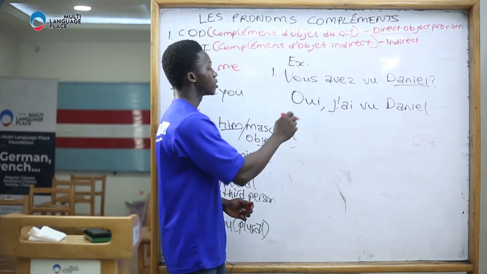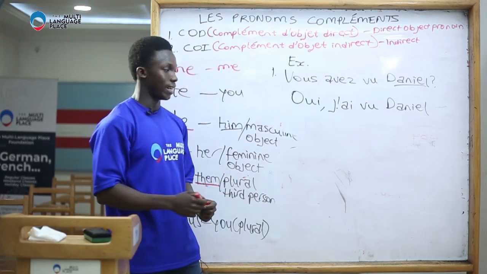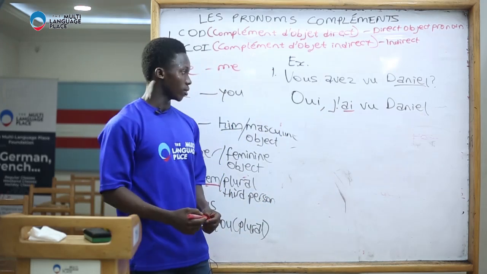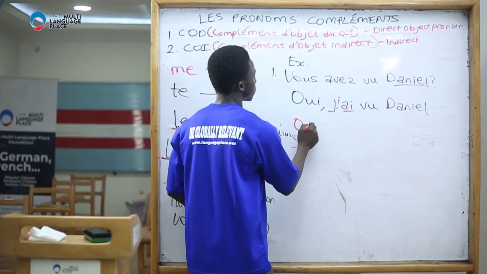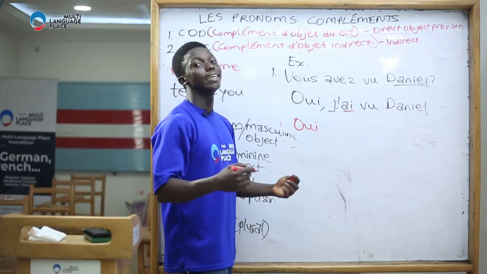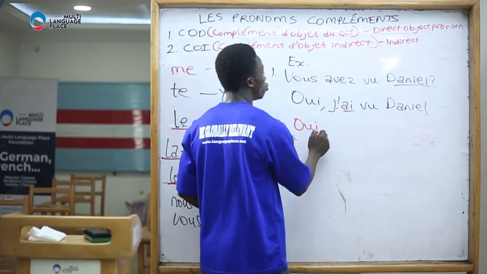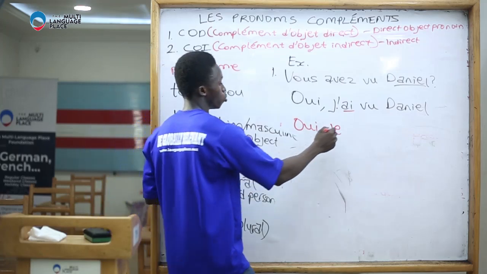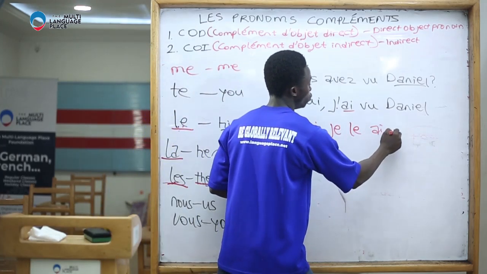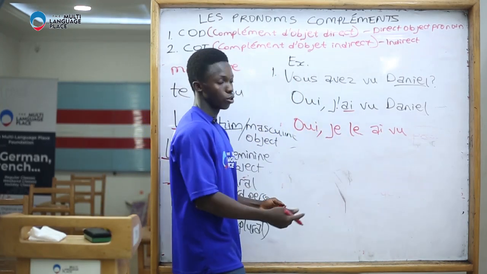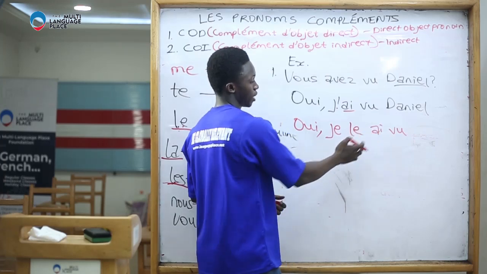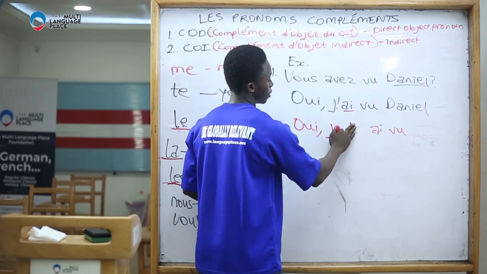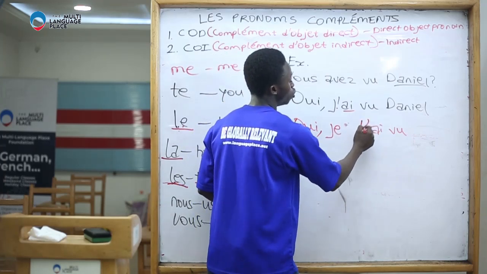Yes, I've seen him. "Oui, je..." Normally, you would have said le, so it would be "le ai vu." But this is not possible because vowels will clash. So this becomes "oui, je l'ai vu."